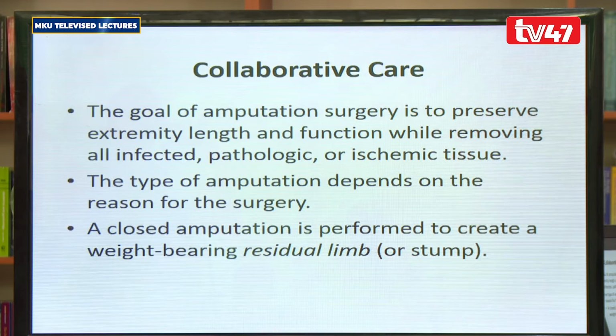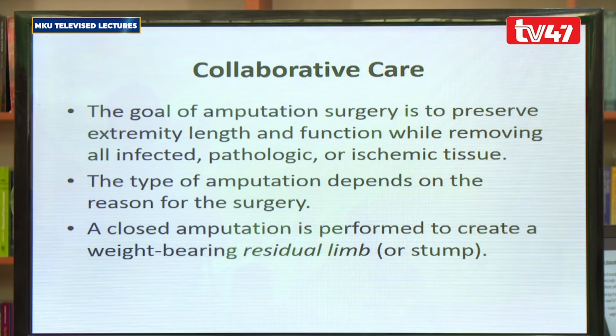Rather, we want, even after amputation, the patient to be able to recover and do certain, although not everything, certain activities of daily living. And the type of amputation will depend on the reason why we are doing this surgery. Therefore, an amputation is performed to create a weight-bearing residual limb.